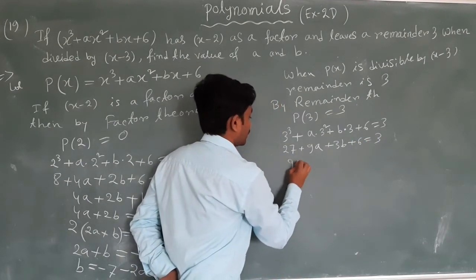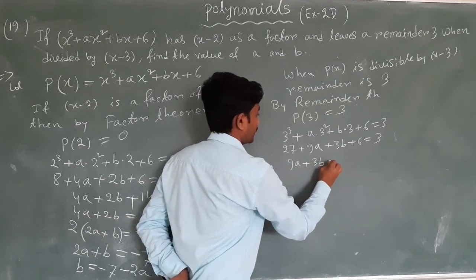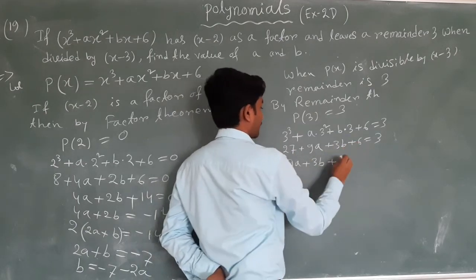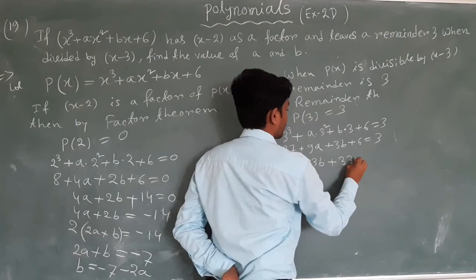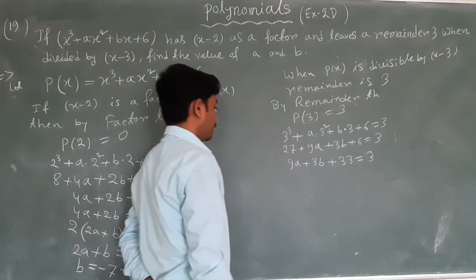So 9a plus 3b plus 27 plus 6, 33 is equal to 3.